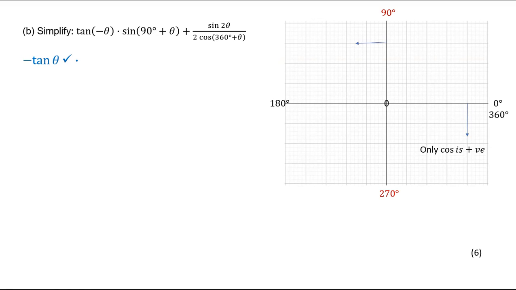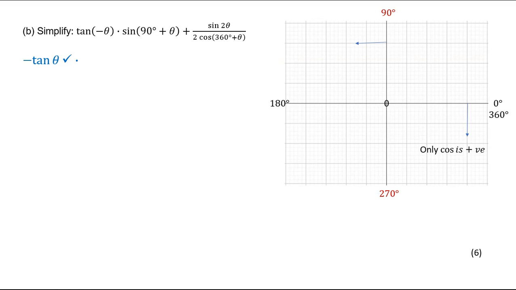Please remember this. Do not change the ratio before allocating the sign. Like I've told you here, sin in the 2nd quadrant is positive. That's why I will not change the sign. However, if it was negative, I was going to put the negative and then change the ratio, which is the sin. When you change ratio, sin is going to give you cos.